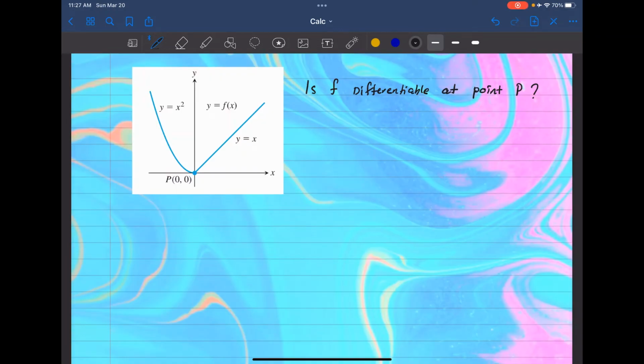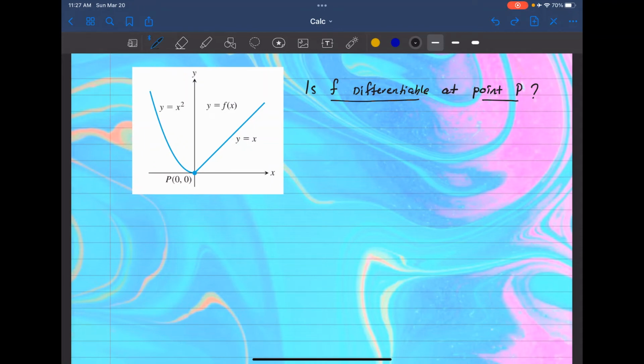Now let's take a look at this problem. So we're given the graph of f of x, and we want to show if f is differentiable at the point P. So that's right here. And we're going to do that by simply computing the one-sided limits. So we'll approach from the left and right.